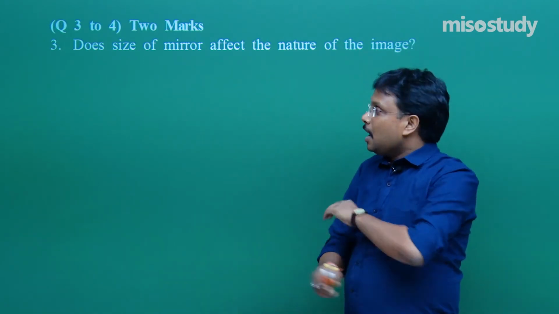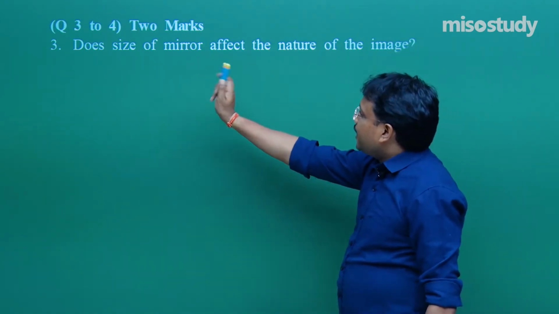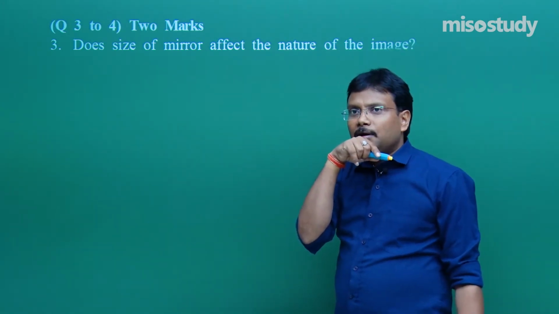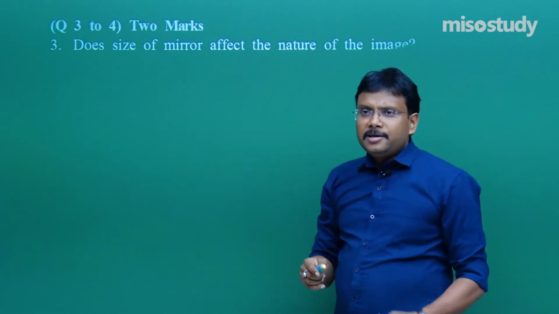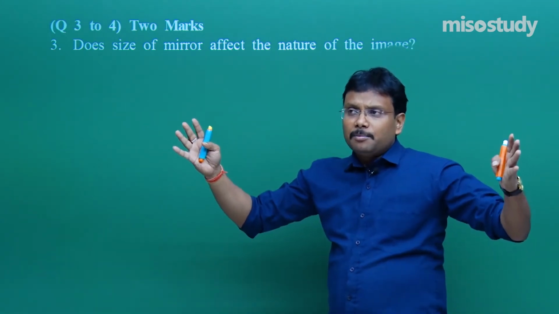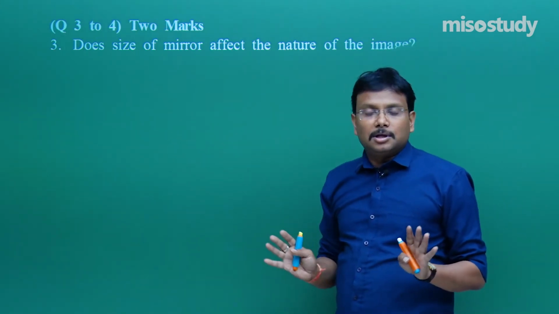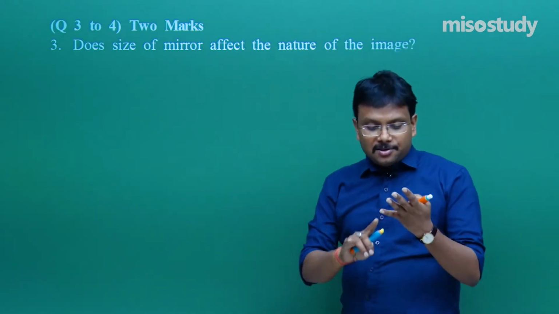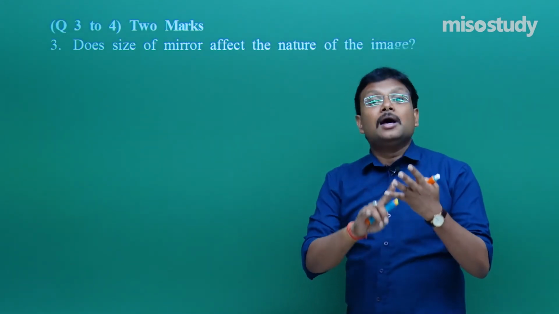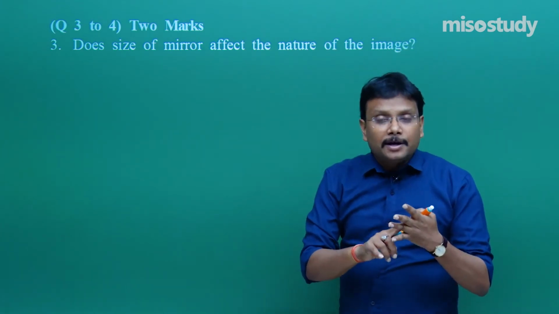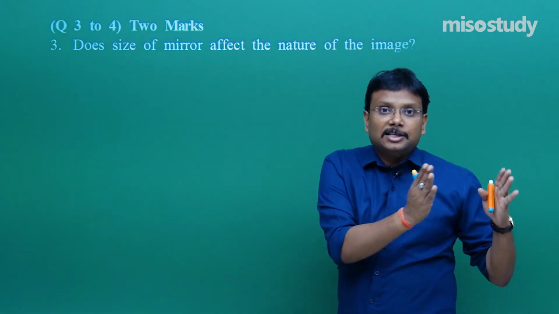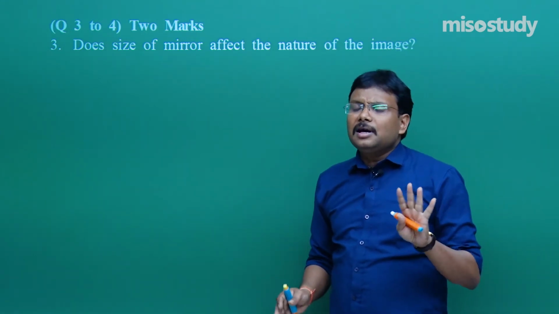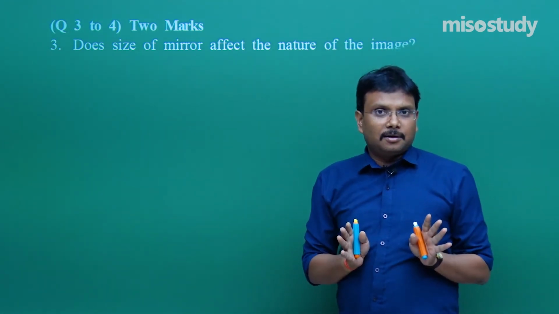Reason is, in general the impression is that the size of the mirror affects the nature of the image. Yes, big size mirror, big image, small size mirror, small image, nothing like that. Nature of the image means erect, virtual, real, inverted. That nature of the image has nothing to do with the size of the mirror.